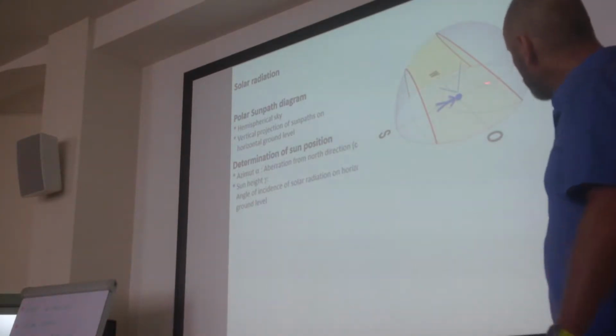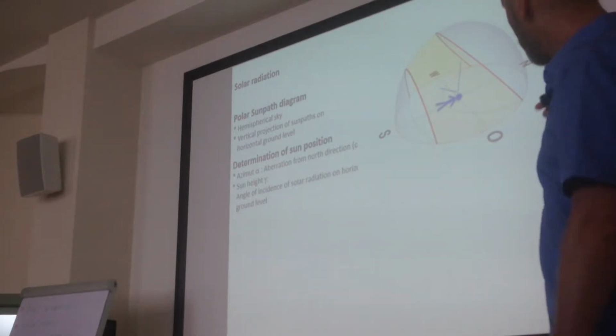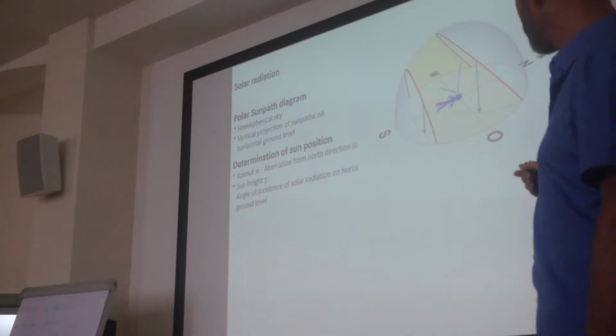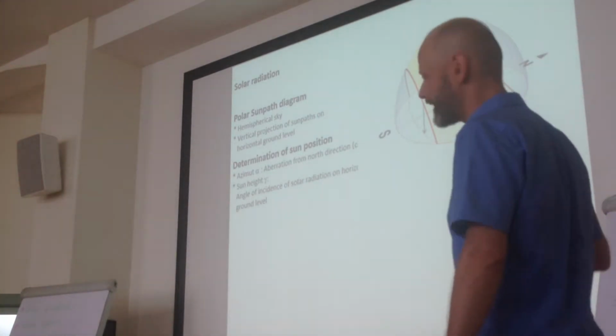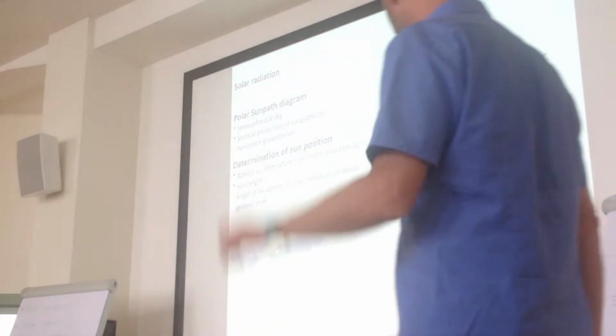So you get two three-dimensional curves. And when you now project those three-dimensional curves, you get a sun path diagram, in this case for latitude 58.